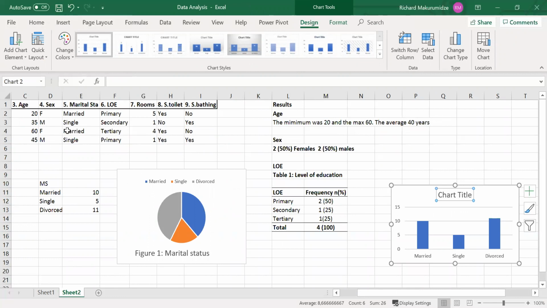If your things are categorical like this one, you can count, and present your things as frequencies. And after counting the total, you can put a percentage, or you can write your results in words.